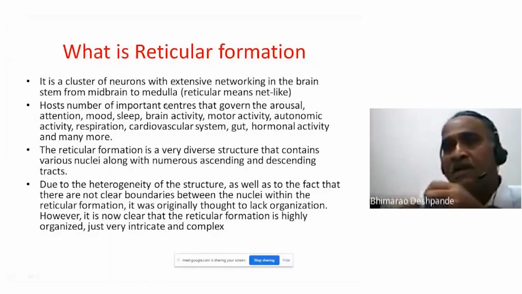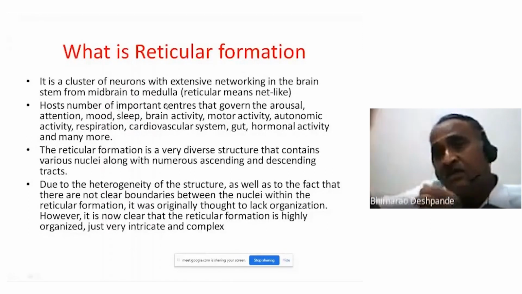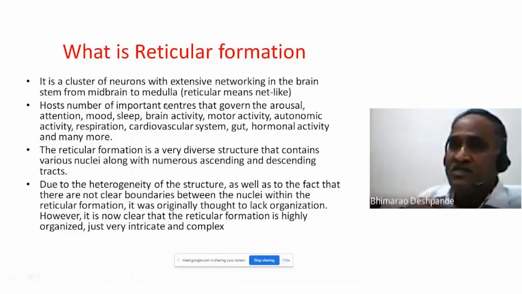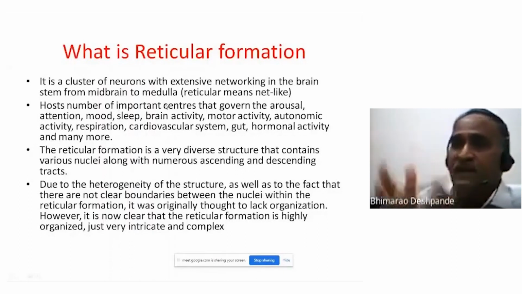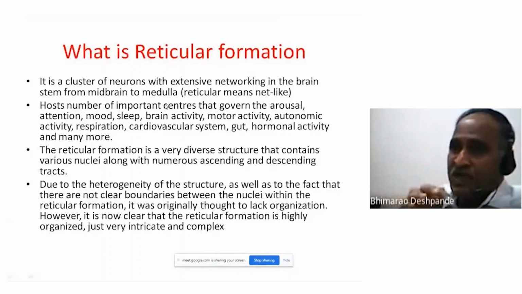These make the intrinsic networking within this reticular formation, ascending to various cortices, and descending to the spinal cord. Due to the heterogeneity and the structure, the boundaries are not clear for these nuclei.